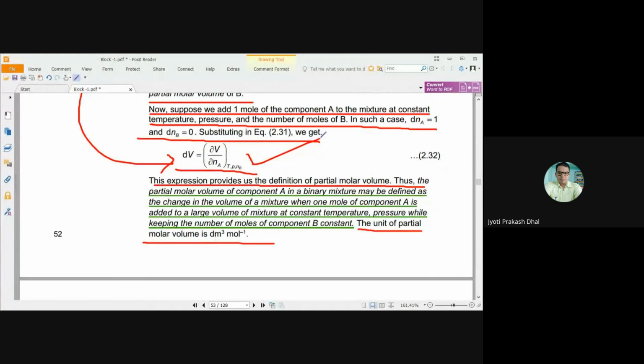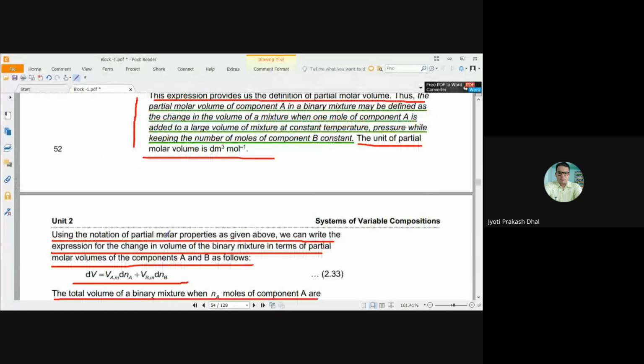Exactly similar type of expression we calculated using x, that is dx equals del x by del n_A at constant T, P, n_B. So here in place of x we are putting the value of V, and this is the mathematical definition of partial molar volume.